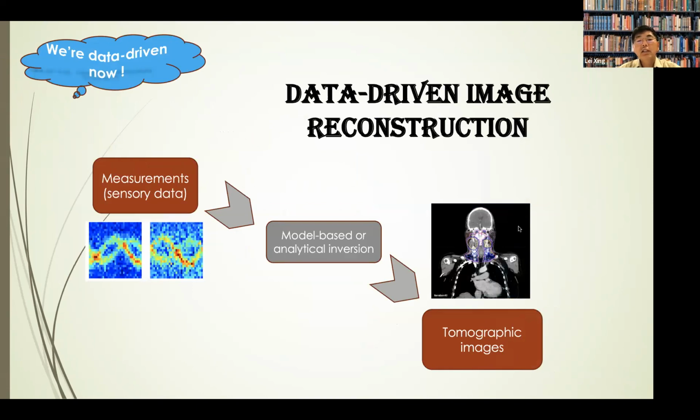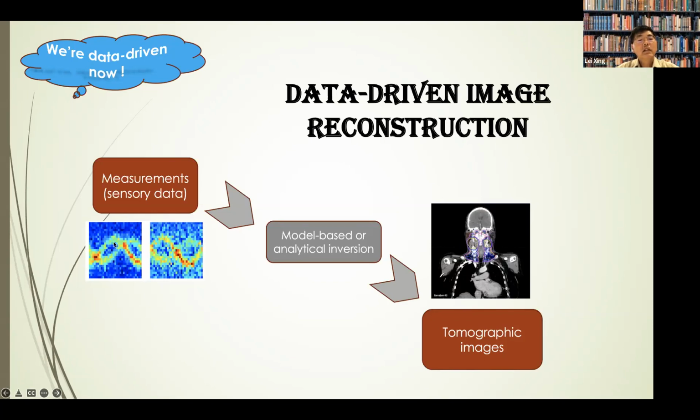And I just gave you an example of imaging. So this is the typical image reconstruction process. You take a measurement, either MRI or CT, we call the sensory data. You can see that from this measurement data, you can't tell anything.